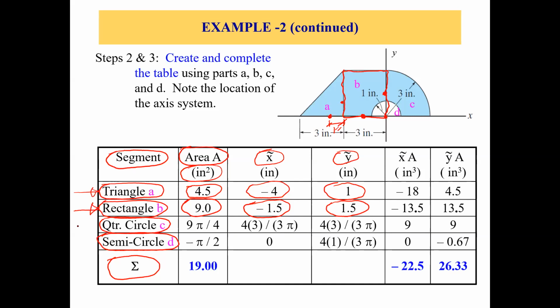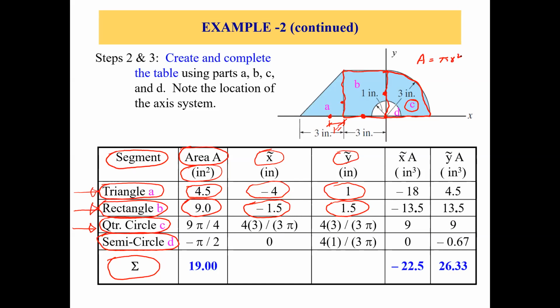Now let's talk about this quarter circle C. This is your quarter circle. First of all, what is the area of this quarter circle? We know that the area of the circle is pi r square.